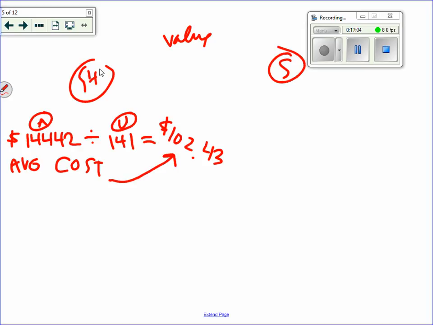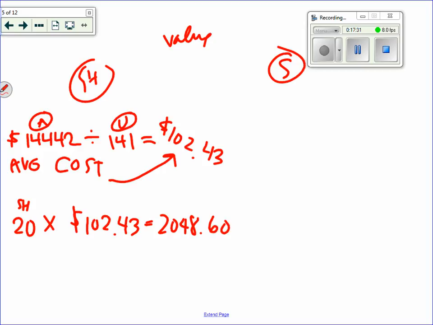Whether it's the stuff still here or whether it's the stuff that's gone. Then we can roll into, well, we have 20 units still here, 20 units times the average cost of those, $2,048.60. So the stuff that's collecting dust, on average, is costing us $2,048.60.